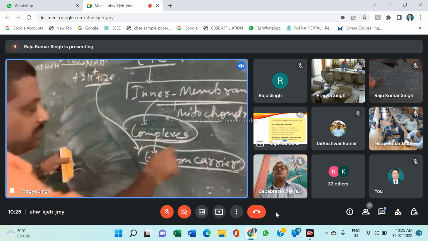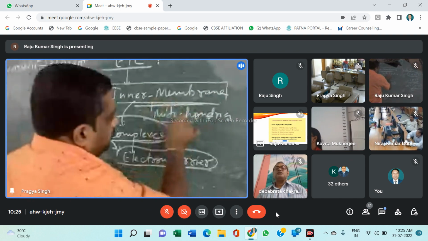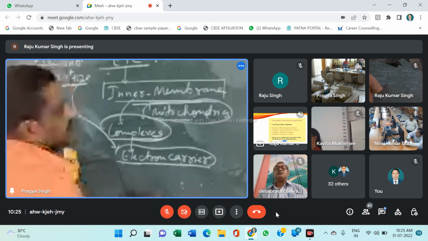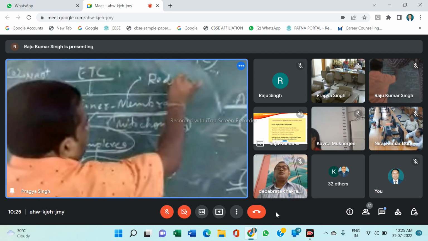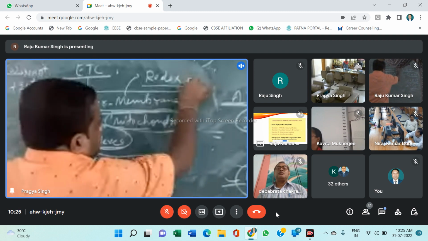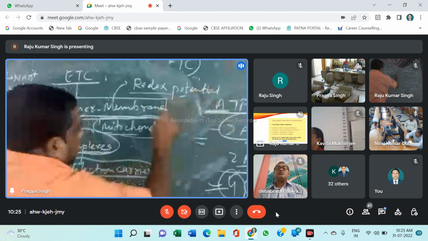Very important here: these complexes are arranged along the inner membrane of mitochondria in terms of their redox potential, from higher to lower.